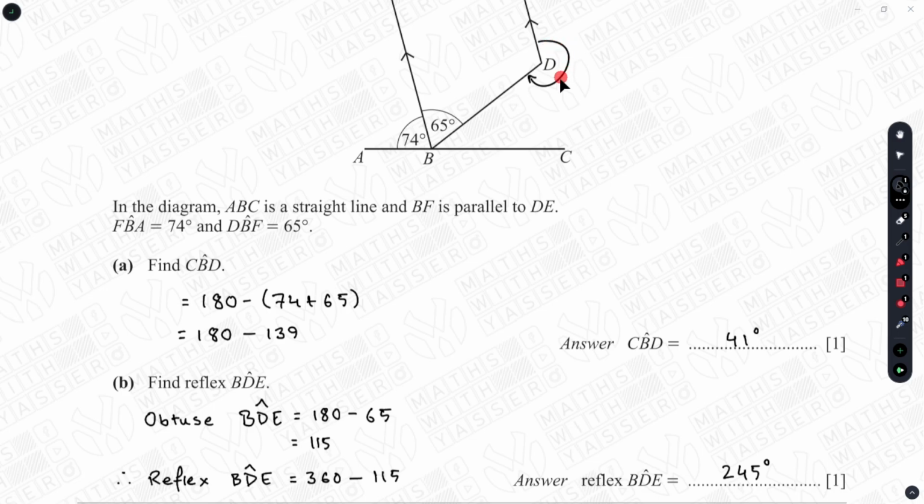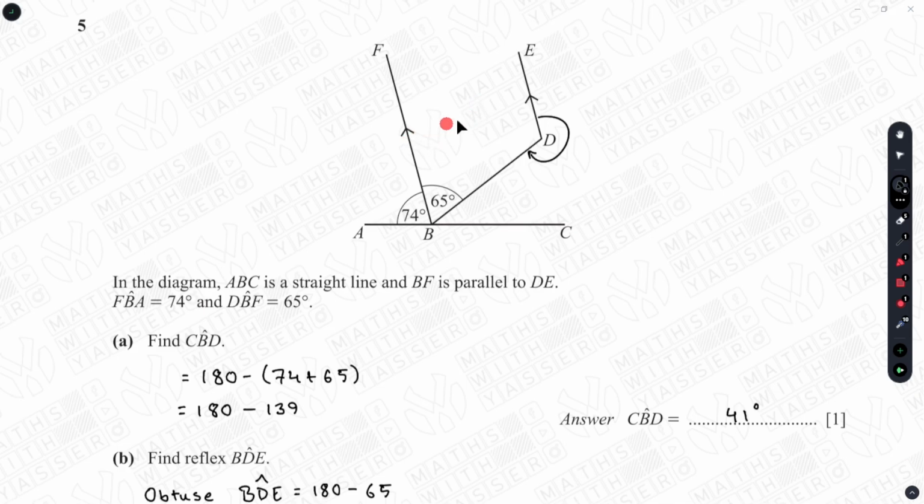So this is the angle which we need to find because reflex angle is greater than 180 but less than 360. So in order to find this, what we can do is first find the obtuse angle over here. And we know that if two lines are parallel, then these two angles are allied angles.